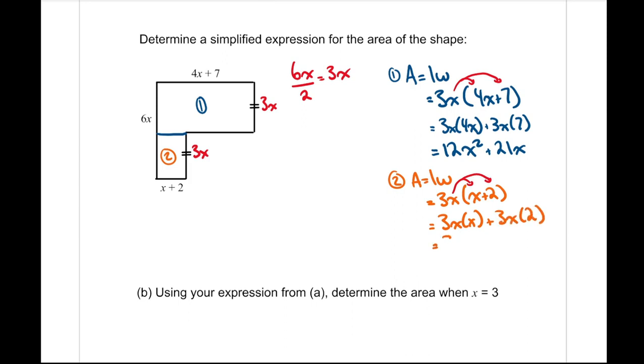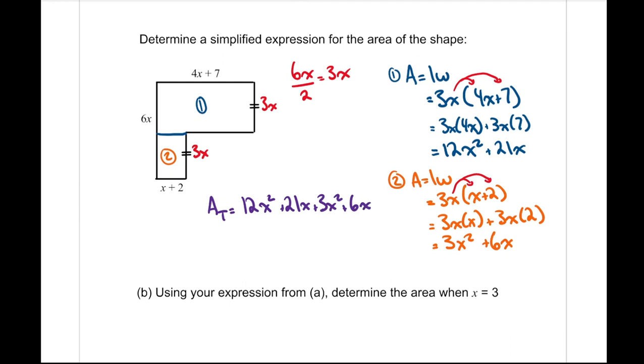This gives us 3x squared plus 6x. Lastly, because we want the total area, we need to add our two areas together. So 12x squared plus 21x plus 3x squared plus 6x.